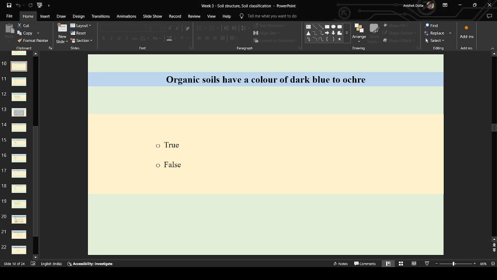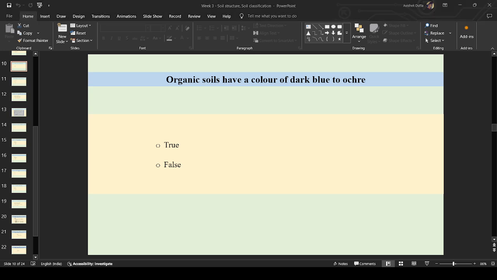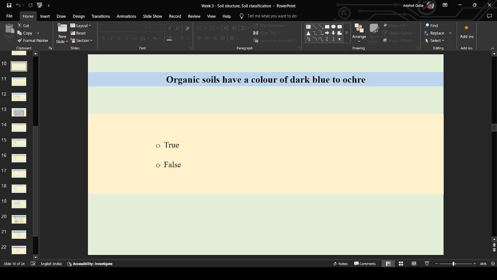I repeat the question. Organic soils have a color of dark blue to ochre. Is this statement true or false? Okay, I'll go to the next question.